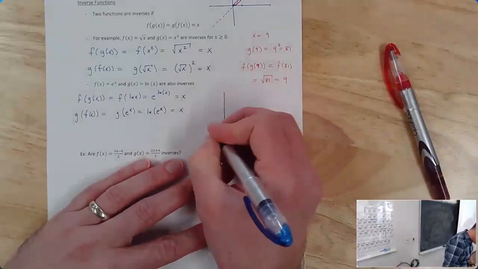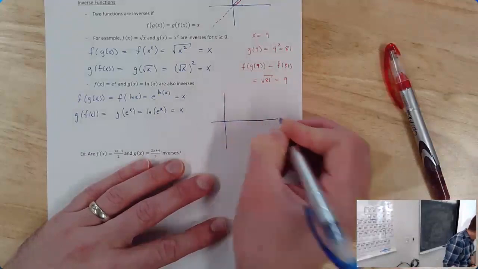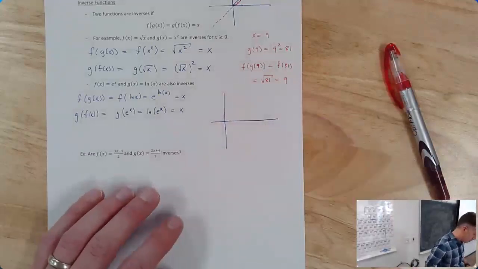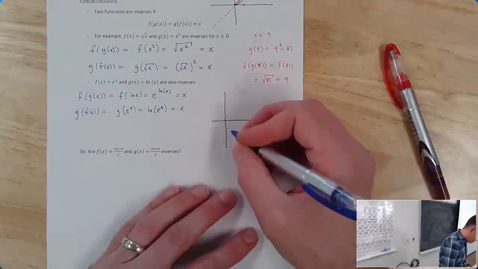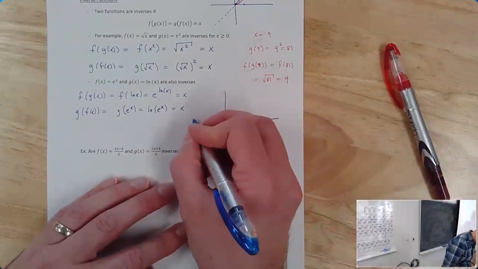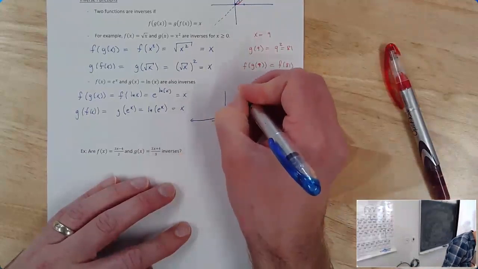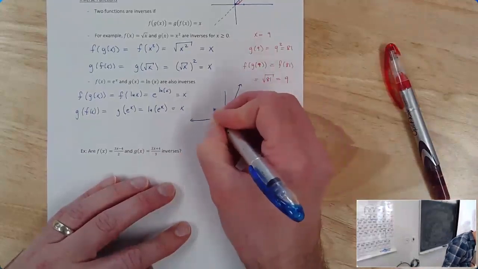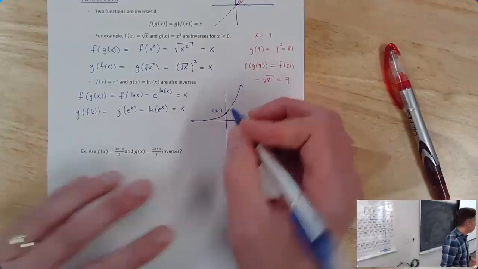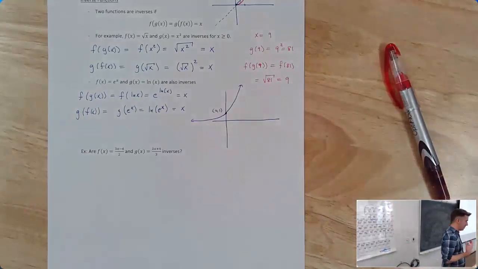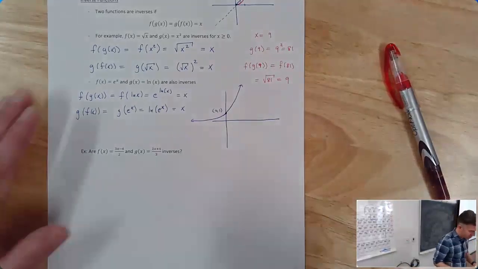We draw them. Here's my f of x in blue, e to the x, going through the point 0, 1. I mean, we've seen this when we graphed logarithms and exponentials before, we saw this symmetry before, but it's good to see it again.